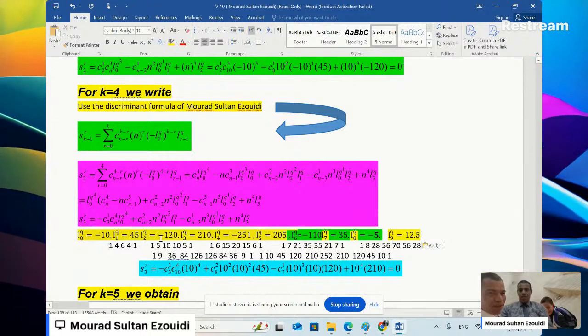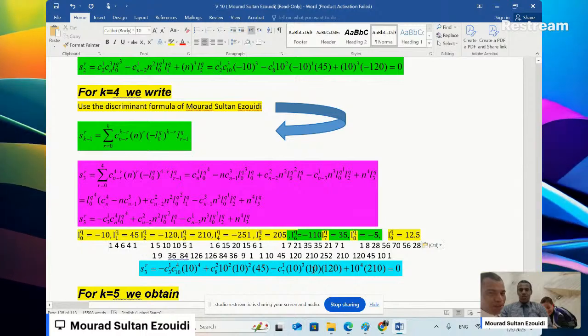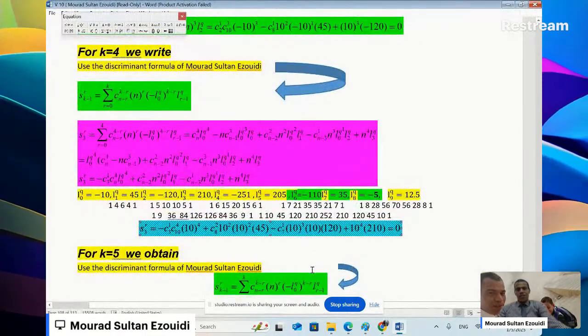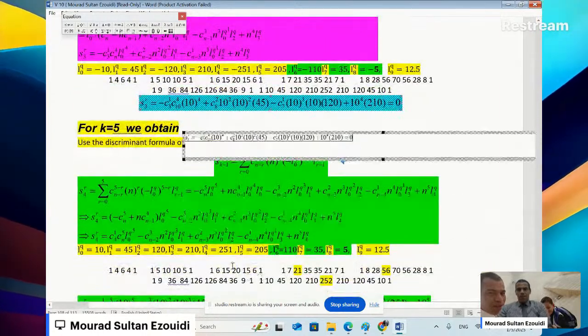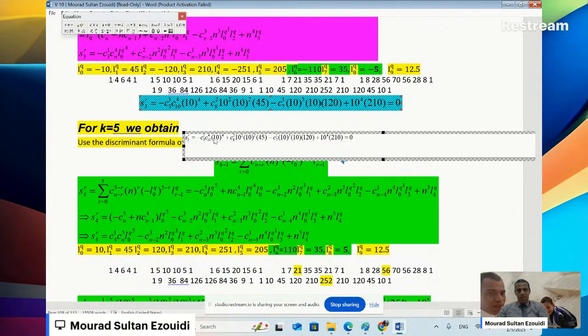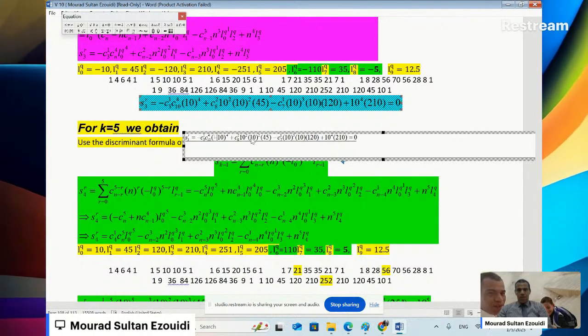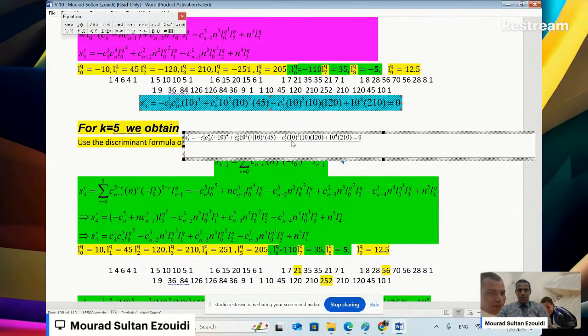L1, no change. L2 is negative 120, so I should change this one to negative 120, and L0 with negative 10. So I will use the formula. This is negative 10, my kids. This one is also going to be equal to negative 10 simply because L0 is negative 10.